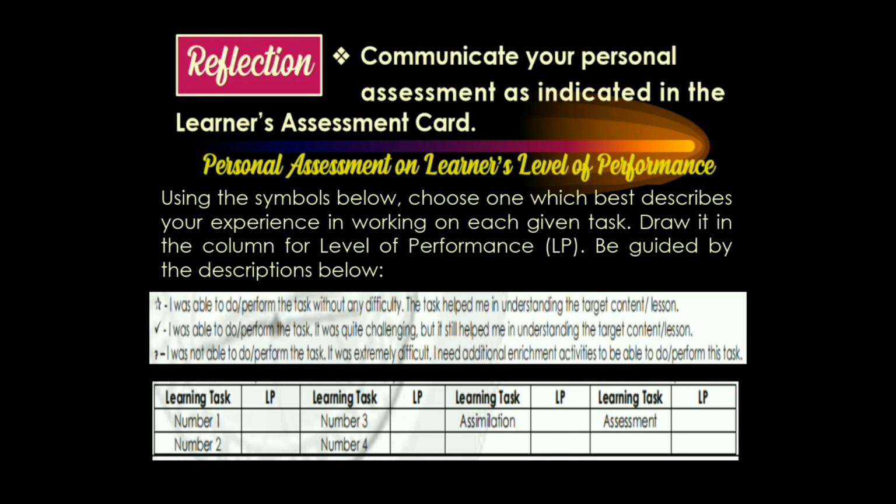If it is a star, you were able to perform the task without any difficulty, and the task helped you in understanding the target content or lesson. Okay, you put a check if you were able to perform the task and it was quite challenging, but it still helped you understand the target or the lesson. And put a question mark if you were able to do or perform the task. You find it difficult that you need additional enrichment activities to be able to do or perform the task.